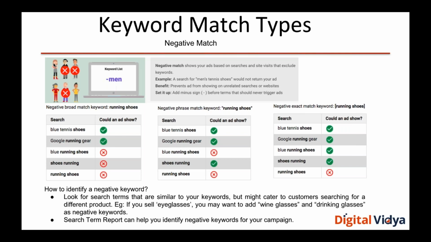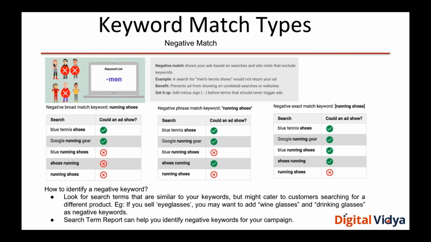As I mentioned in yesterday's class, if I'm offering certain services like yoga class, tarot reading, and so on, and I do not offer free service, I definitely don't want my ads to show up if somebody searches for free yoga class or free tarot reading, right? So the word which I don't want to trigger my ad, I will put as a negative keyword by putting a minus sign before it.